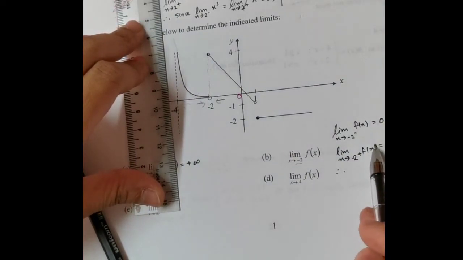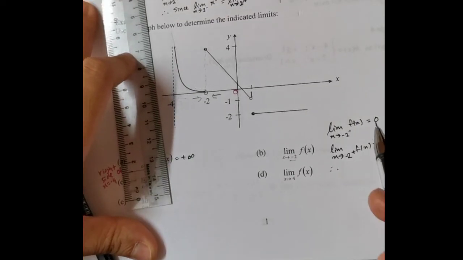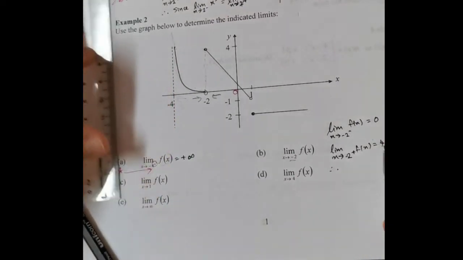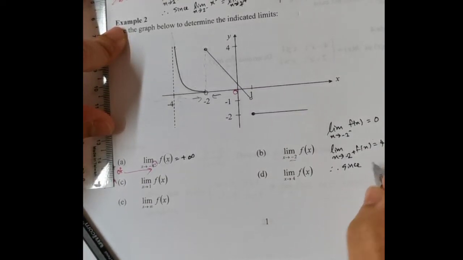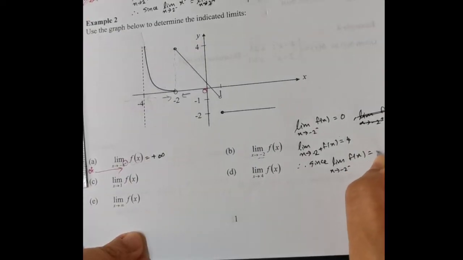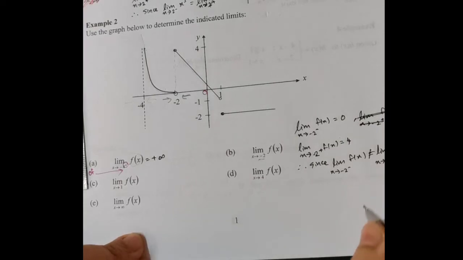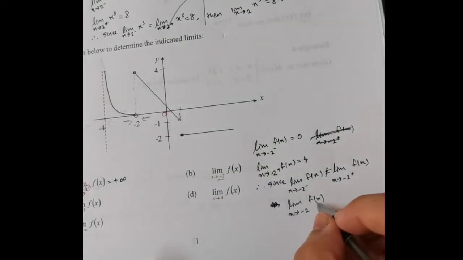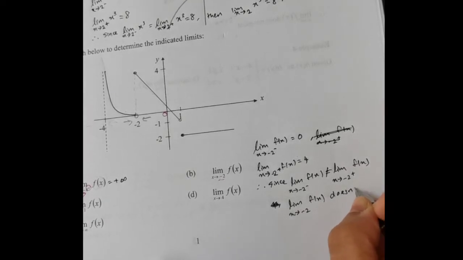As you can see, one side is 0, the other side is 4. So it's not equal. We have to write our conclusion as: since the limit from the left-hand side of -2 is not equal to the limit from the right side of -2, the limit of f(x) when x approaches -2 doesn't exist.